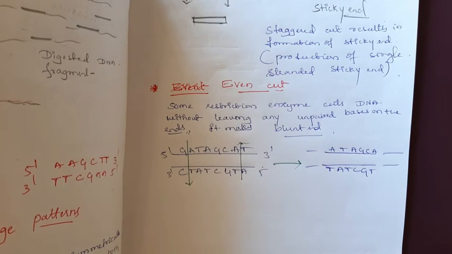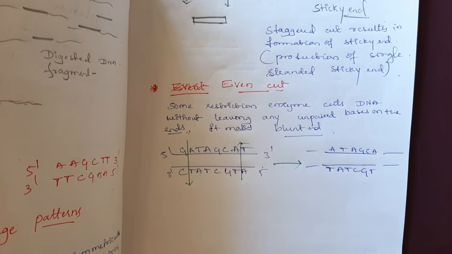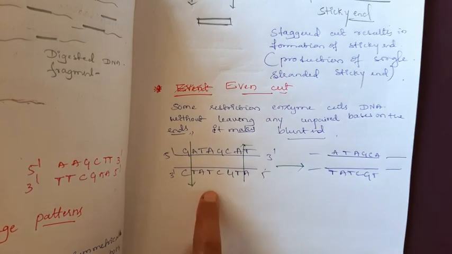These are ends of the double stranded DNA that do not possess any single stranded bases. The DNA cleavage by restriction endonucleases results in the blunt end. The vertical arrows indicate the sites of cutting in this explanation.